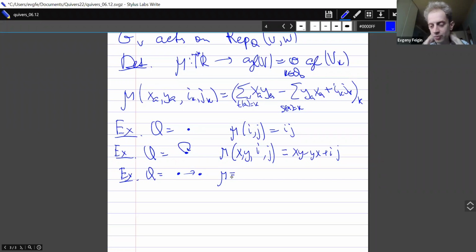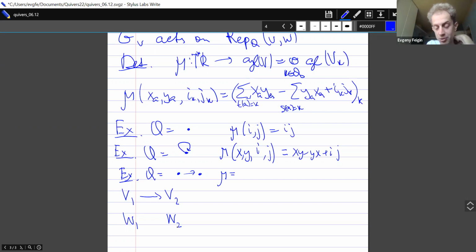Alex, do you know? I'm a bit confused. Don't we have to fix some dimension vector? Yes, for sure. So actually, we assume that we have spaces V1 and V2, and we also have spaces W1 and W2. And this is our data. So we fix the dimensions of V1 and V2 and dimensions of W1, W2.